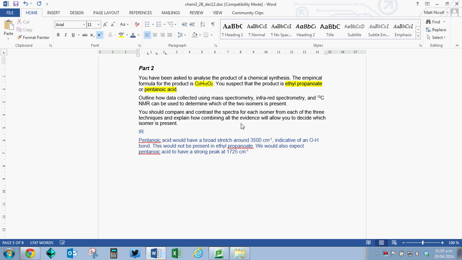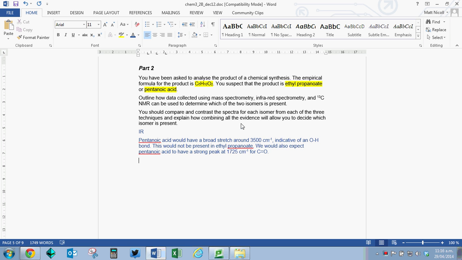Remember, you're given the data for this. You don't have to remember these values off by heart. That's also due to the OH. Sorry, yeah, 1725 to 1750 for CO.